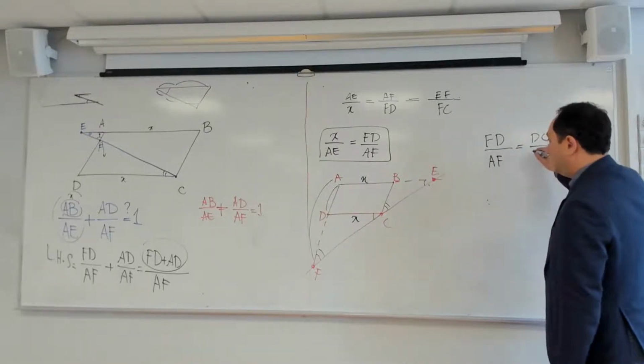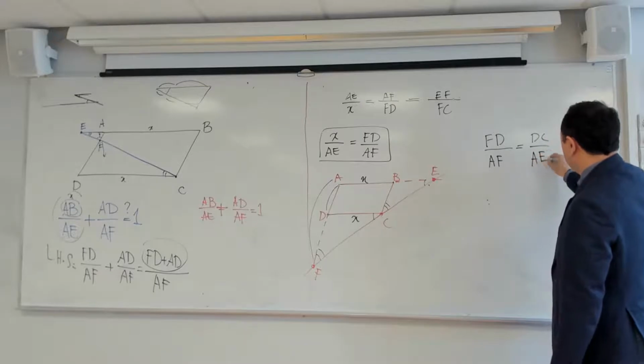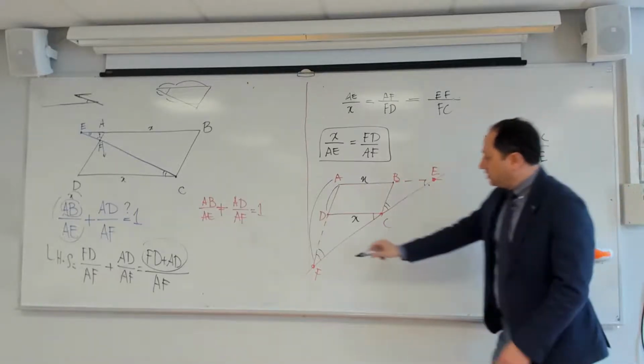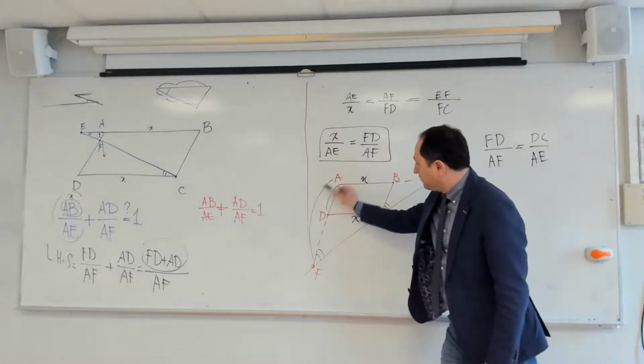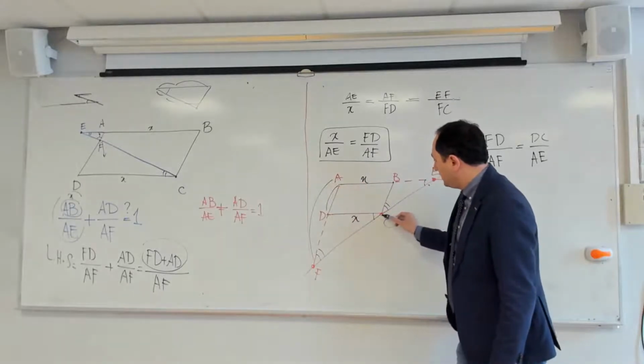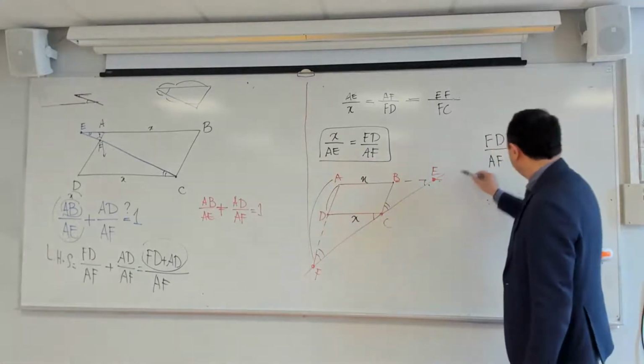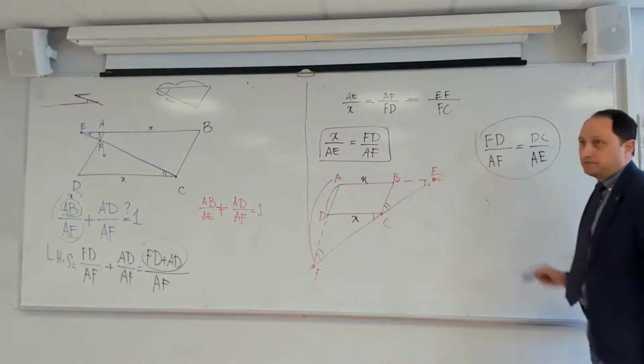AB. AE. Do you agree? Yeah. AB. So the ratio of FD over FA is equal to DC over AE. So this is what I discovered.